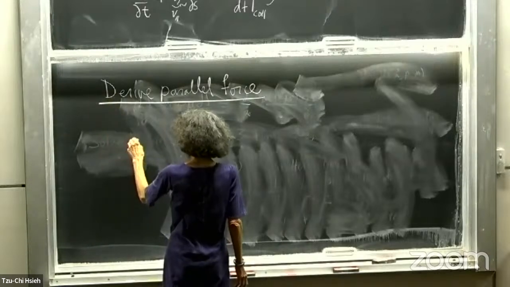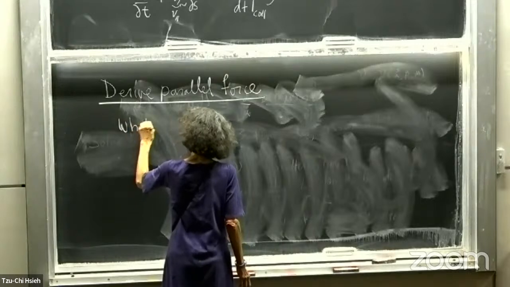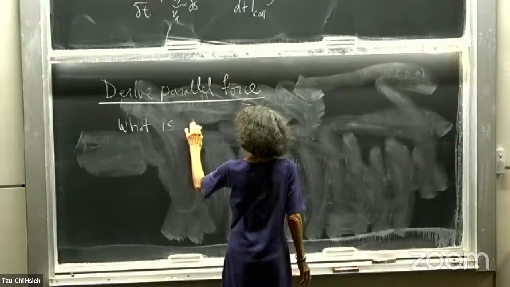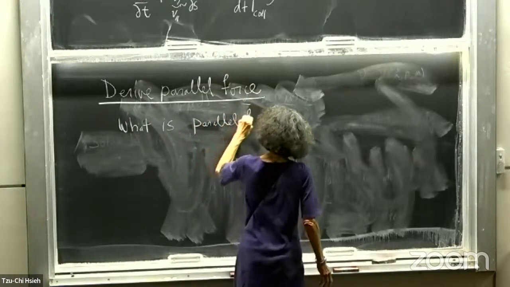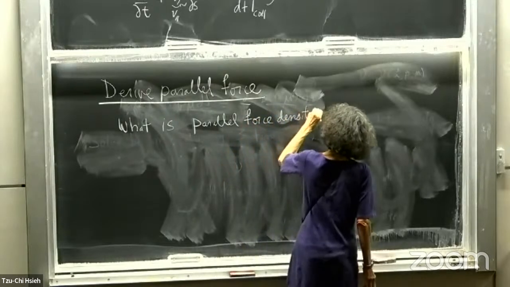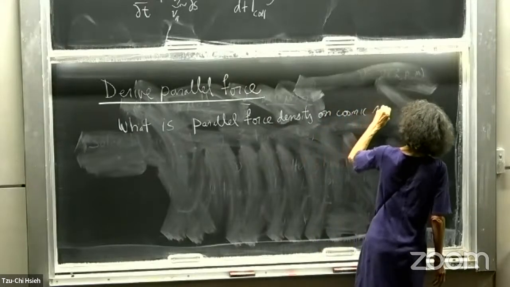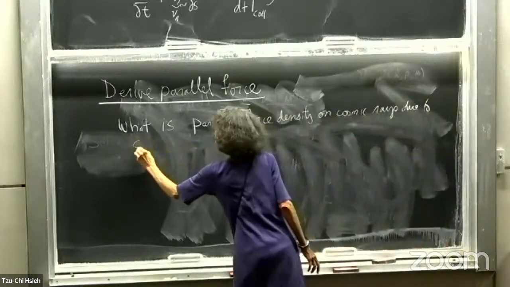Okay, so what is the parallel force density on the cosmic rays due to scattering?